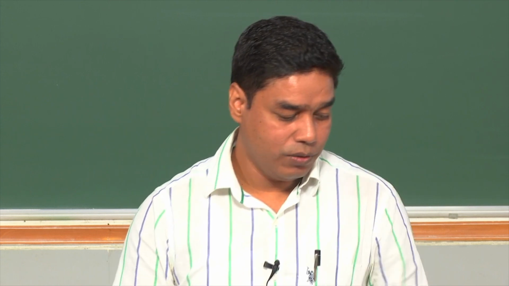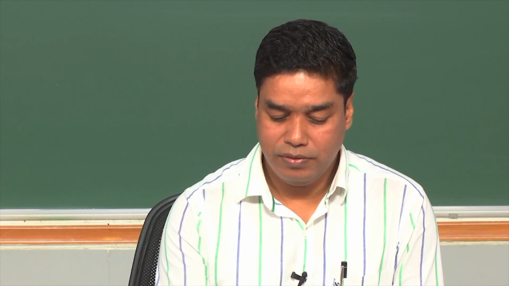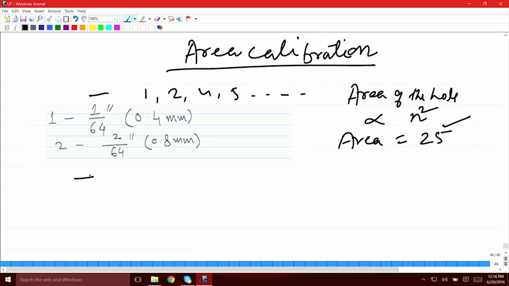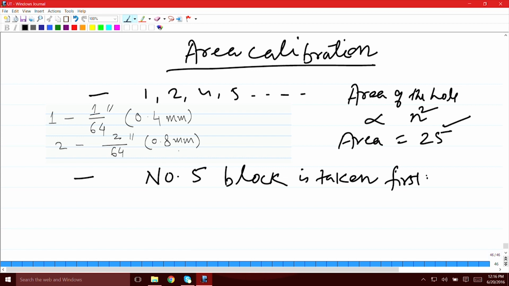So, in this case what you do, like what we have done for calibrating the distance, you first select a particular block. So, in case of area calibration, the number 5 block is first taken. So, that is your first data point, and as I said, for this block the area of the hole would be 25, because the area is proportional to the square of the number.